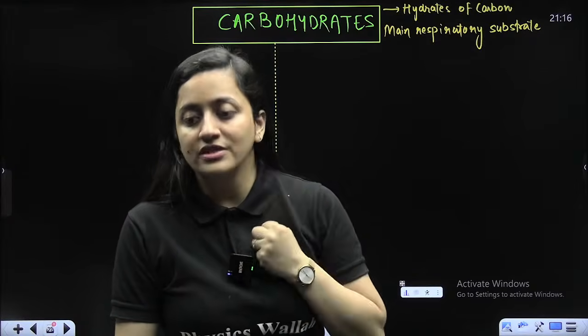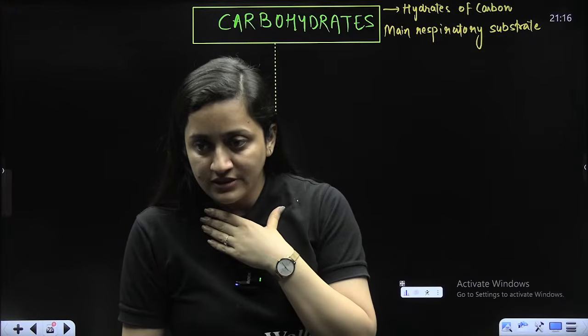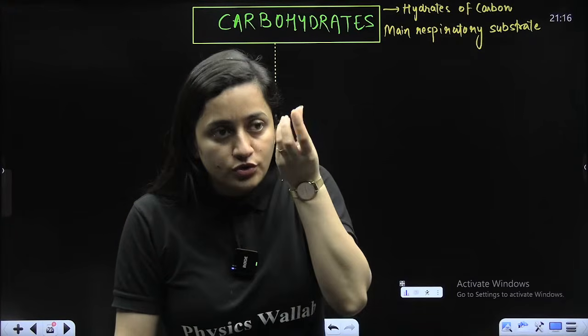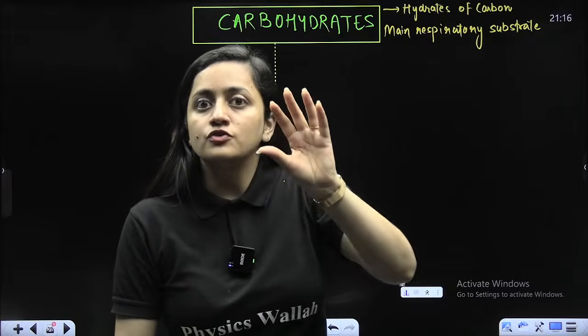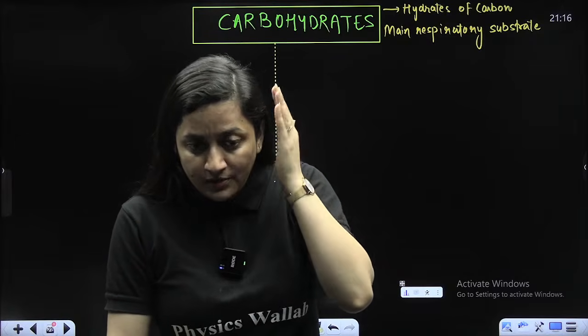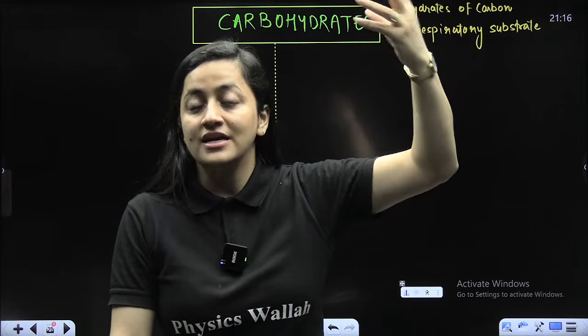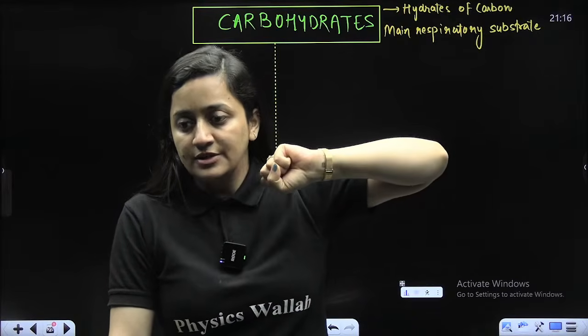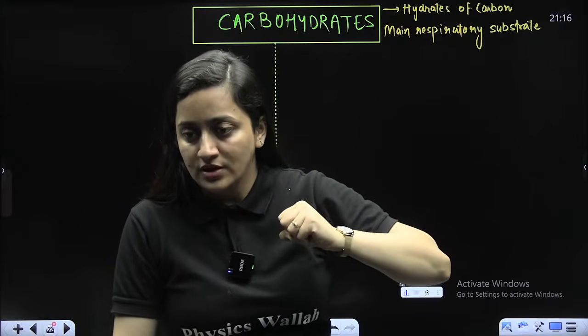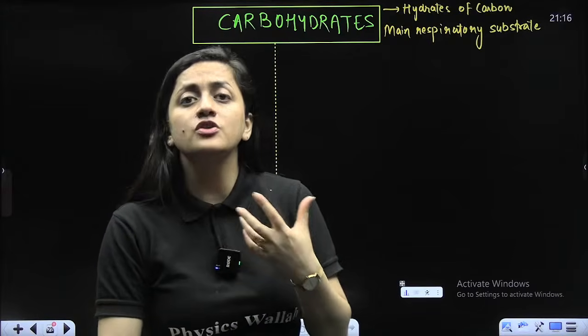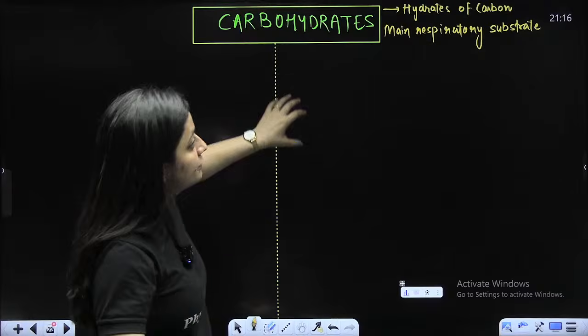Glucose will be oxidized in the presence of oxygen. It will break in multiple steps. The energy will be released and captured as ATP. That's how our system works.